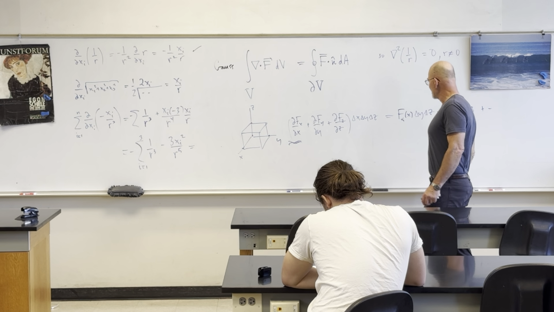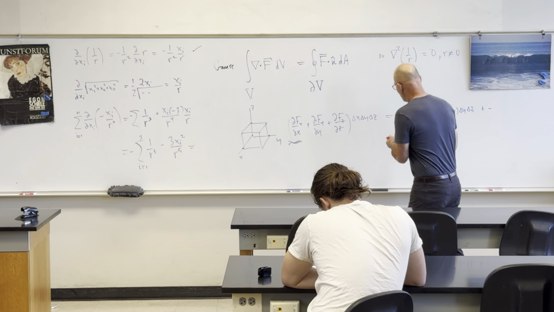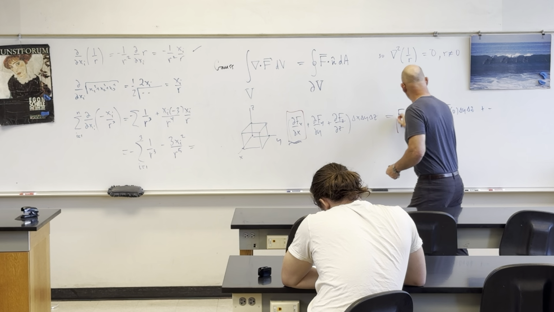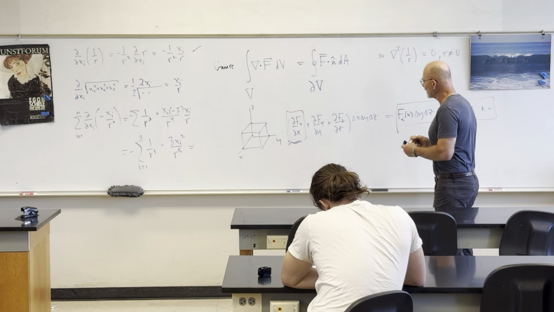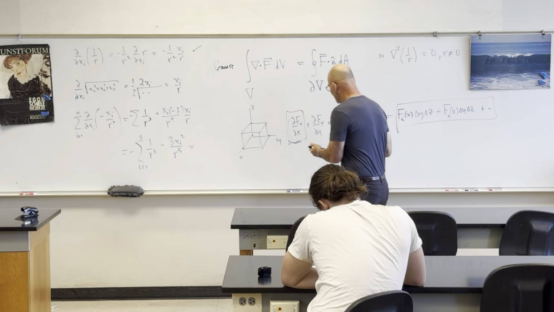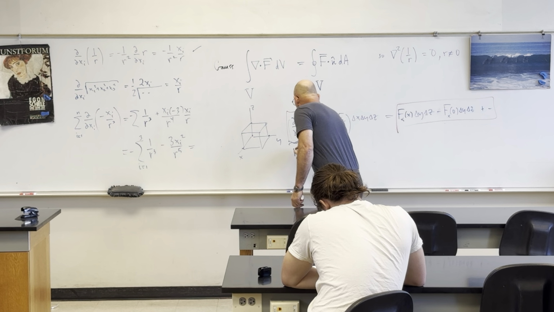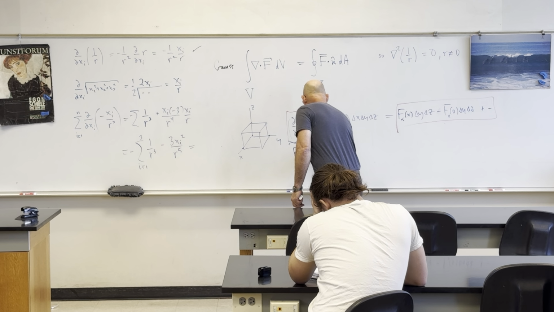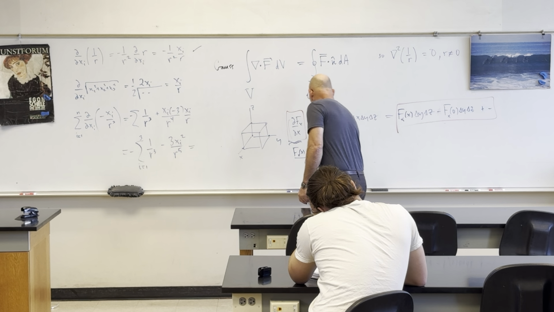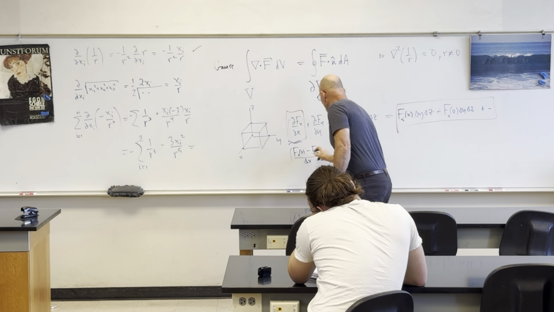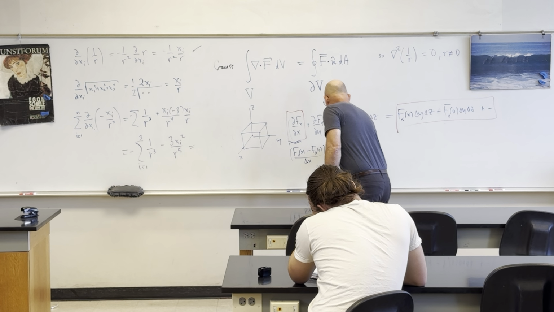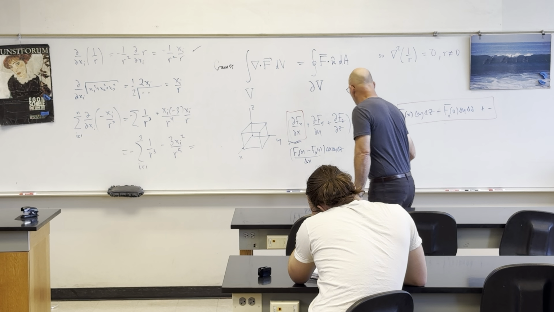Okay, so if I just do this red one as a condenser, this would be f_x of x minus f_x of 0 over delta x, times delta x delta y delta z.